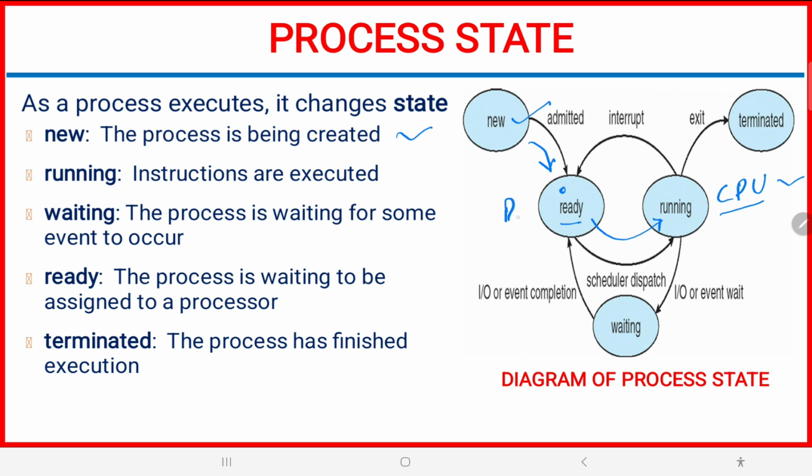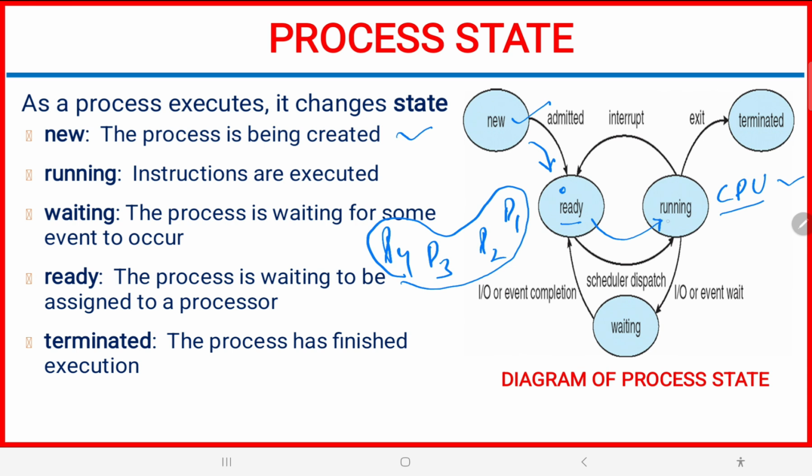Let's suppose P1, P2, P3 are already over there, and P4 has also entered into the ready queue. At the same time, the CPU was working on some other process. So that means these 4 processes are waiting for their turn to get the allocation of CPU.